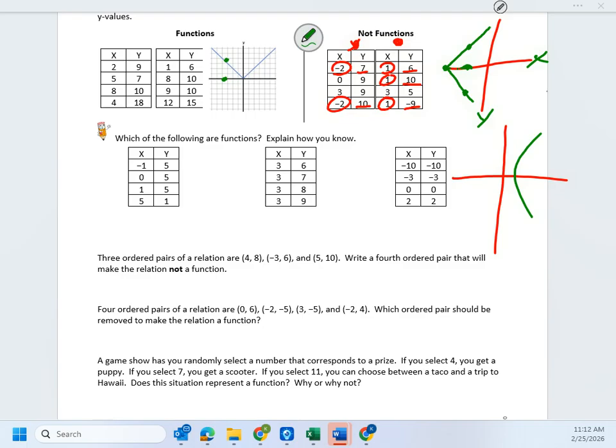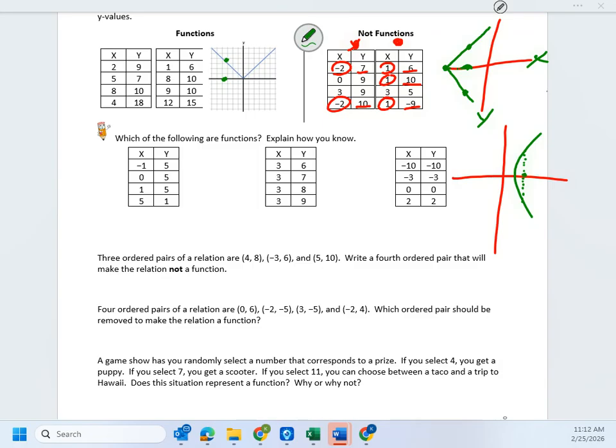Make your choice yourself. Be confident. Violet, why do you have not a function? Because right there, there's two functions. Yeah, I could go right here, and there's a y up here, and a y down here. There's two y's to one x. Can't have two birthdays to the one person.